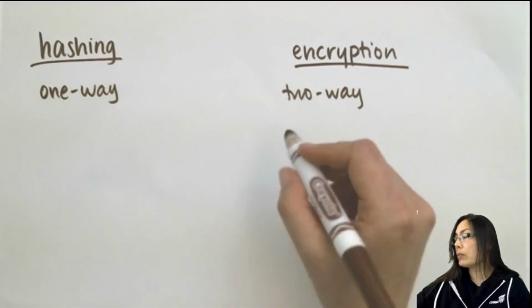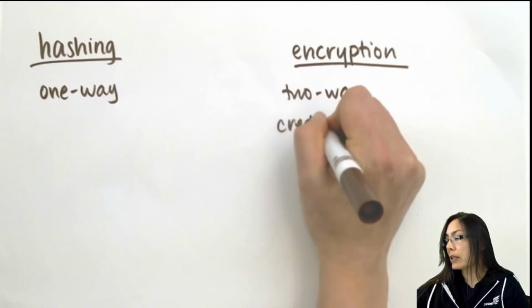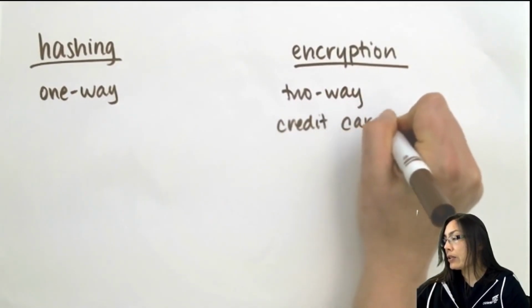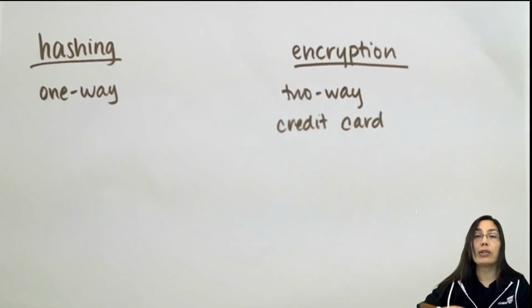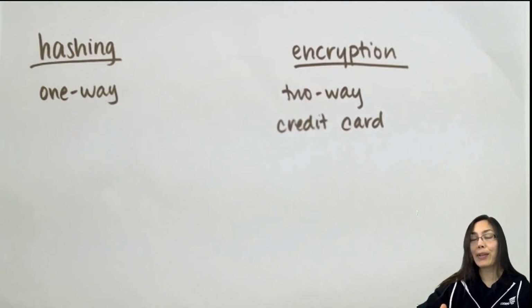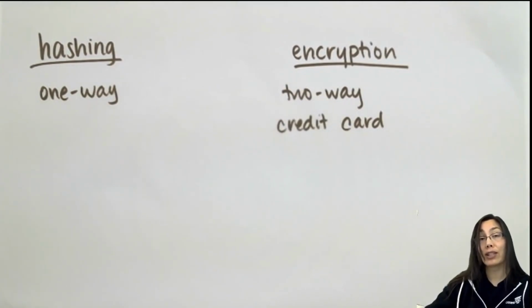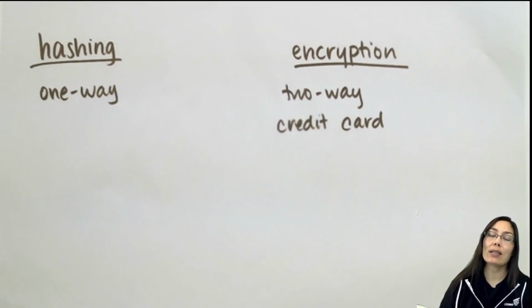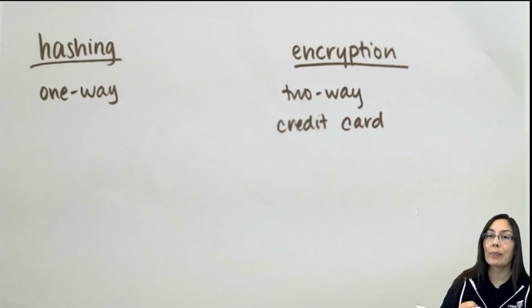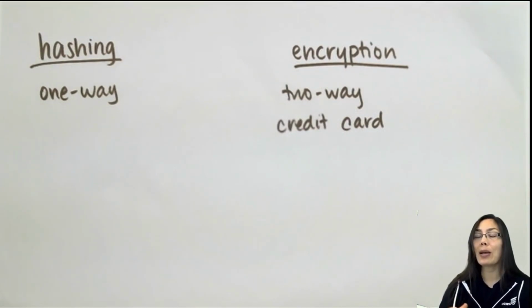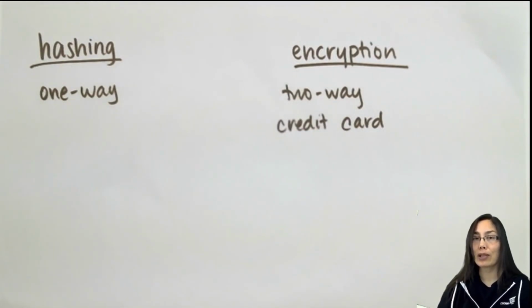So something that may be encrypted, for example, is credit card information. So if I type in my credit card information into a website, it's because I'm purchasing something and I want that other party to know what my credit card information is. But I don't want everybody to know. And so behind the scenes, the website's going to encrypt the data, meaning that anybody who happens to get their hands on this, they will not be able to find out what the original credit card information was.